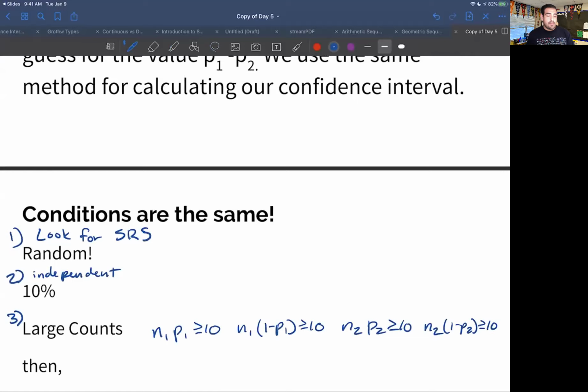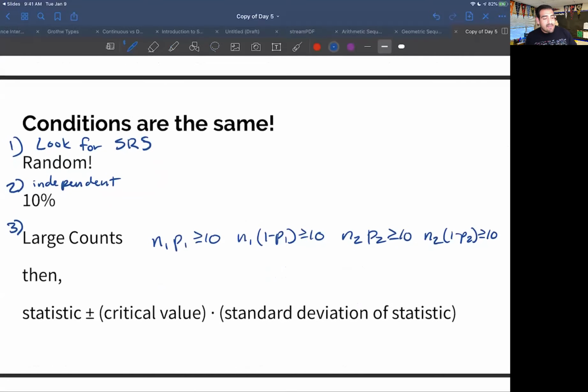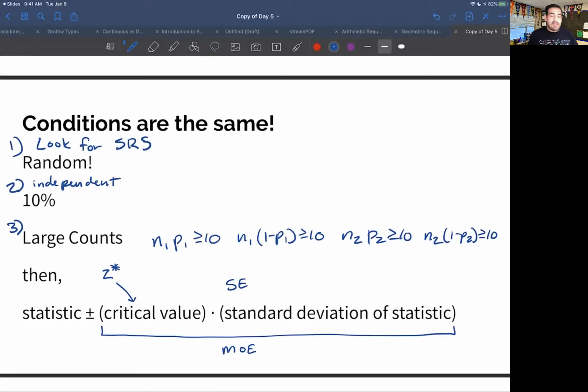If all three of those conditions have been met, then we have the exact same formula: our statistic plus or minus the critical value times the standard deviation of the statistic. Remember, all of this is known as the margin of error. This is your z statistic, z star. This is also known as SE, the standard error of the statistic.